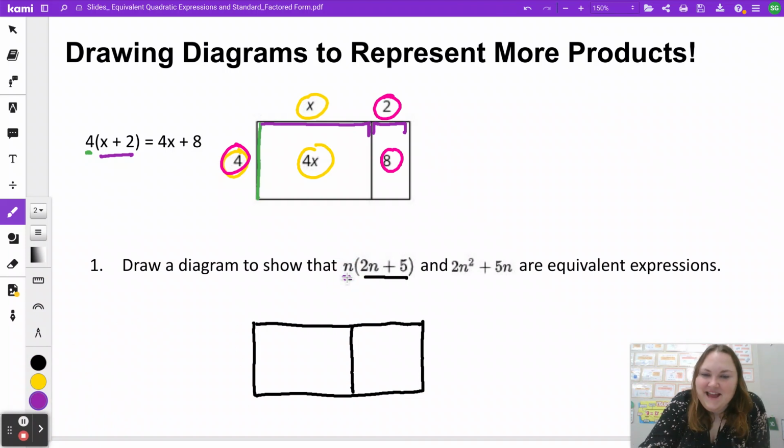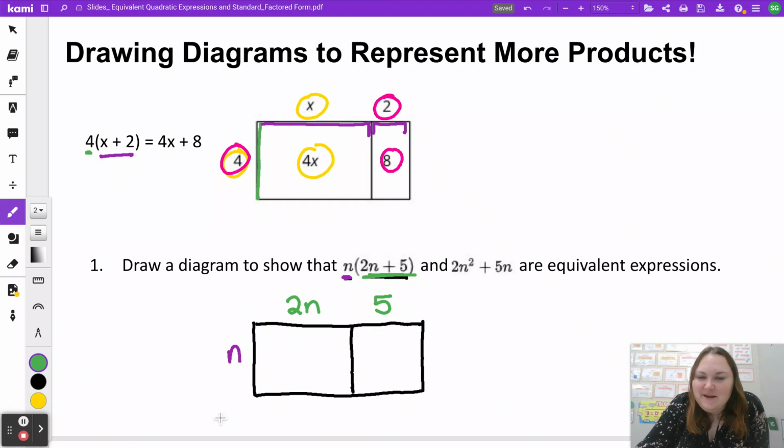Well, I'm going to multiply n, so I'm going to put n right here, times 2n plus 5. So that first term is 2n, and that second term is 5.